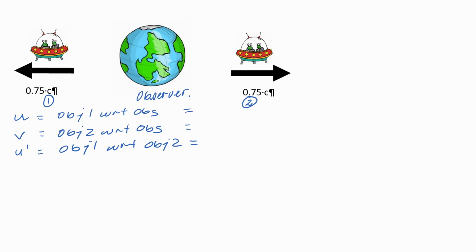Object 1 with respect to the observer is 0.75 c, and it's left. Object 2 with respect to the observer would be 0.75 c right. Now we need all these velocities to be in the same direction, so let's make them all left. And then we have object 1 with respect to object 2, which is what we're looking for.